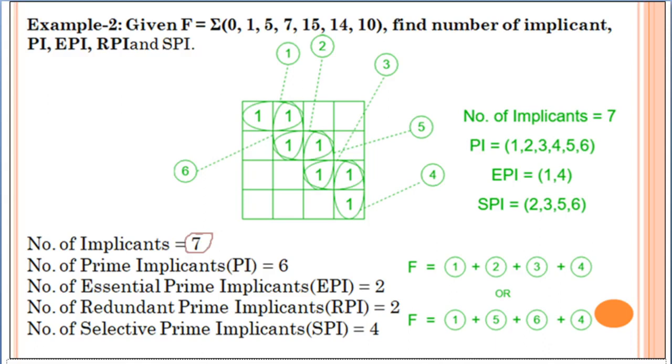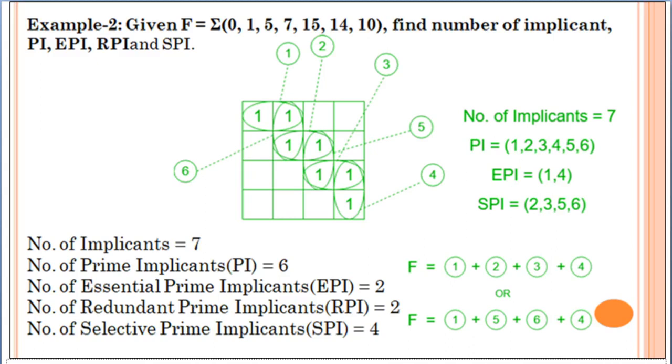That's why we create a 4-variable K-map, total 16 cells. Now we create the prime implicants by grouping the given min terms. This one. Clear? That means total 6 prime implicants, total 6 groups.